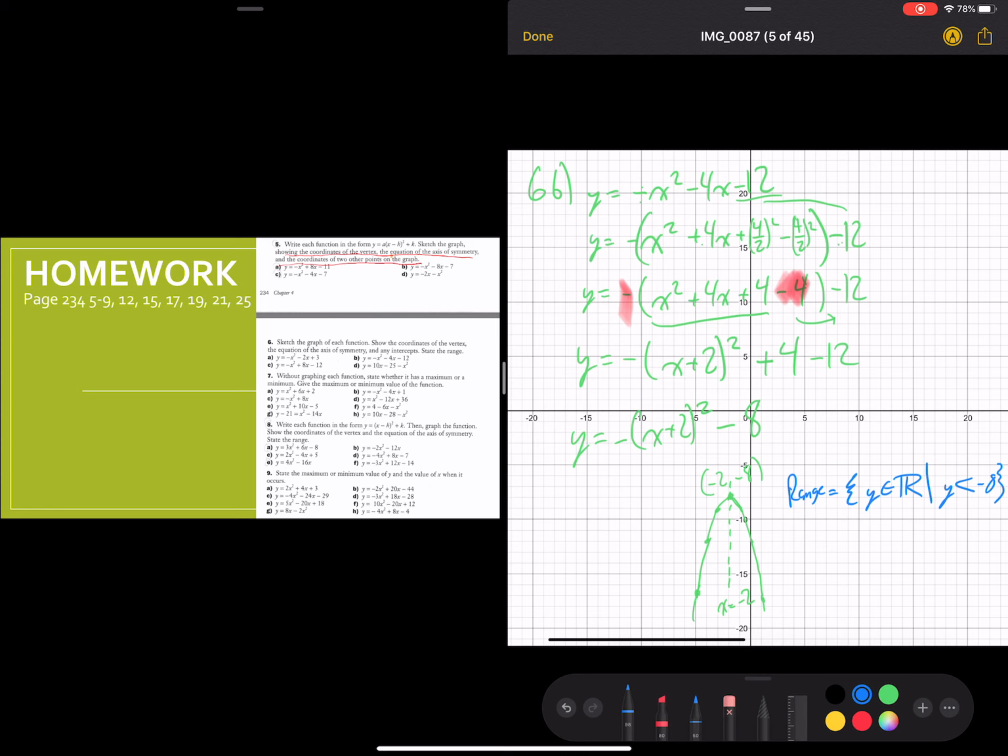Or all real numbers such that y is less than or equal to -8. Makes sense? That's it for this question.